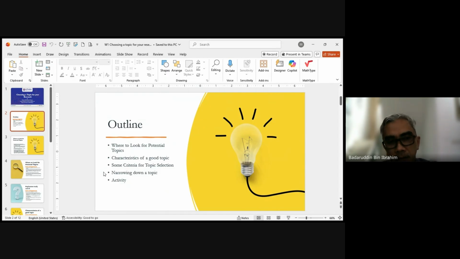And then the characteristics of a good topic. So when you say a good topic, what are the criteria that make a good topic? And then some criteria for topic selection, okay? And then narrowing down the topic.